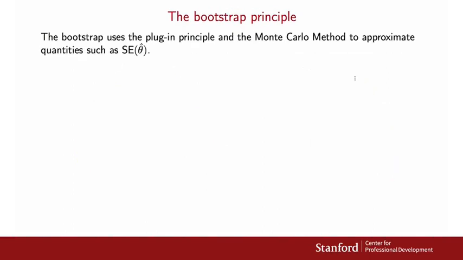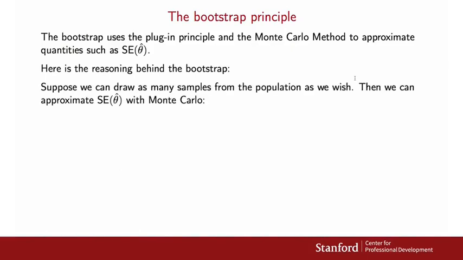The bootstrap uses both this plug-in principle and Monte Carlo simulation to approximate quantities of interest, such as the standard error of a statistic. To explain how it works, remember how we used Monte Carlo simulation to estimate the standard error of a statistic. If I can draw a sample x1 to xn, then I can compute my estimator theta hat based on that sample.